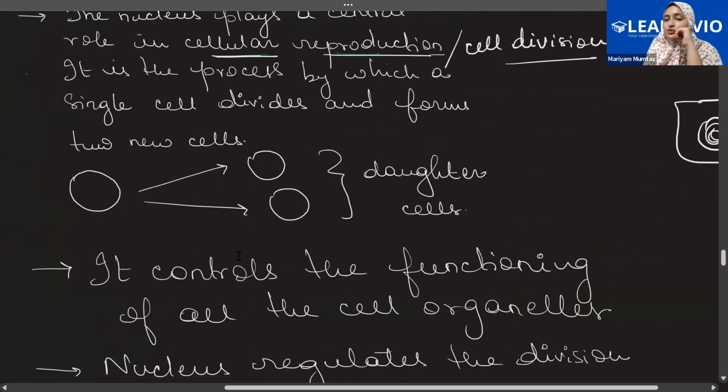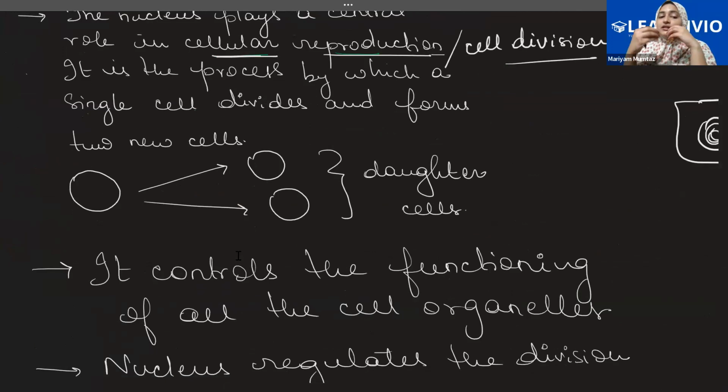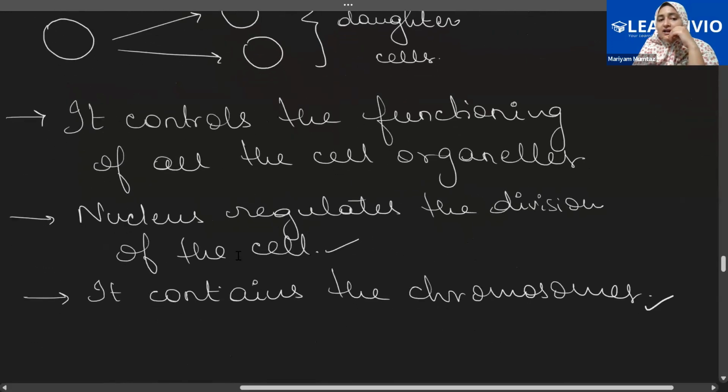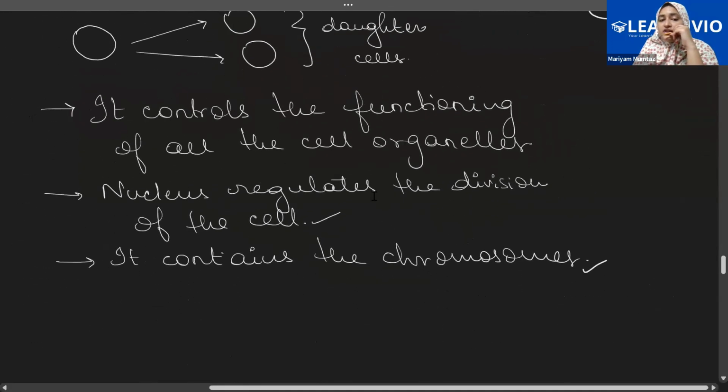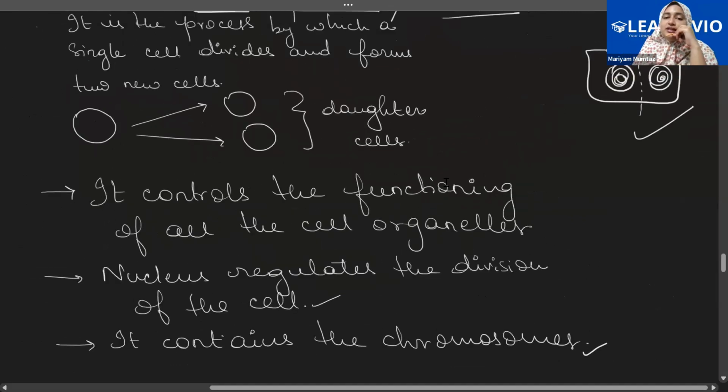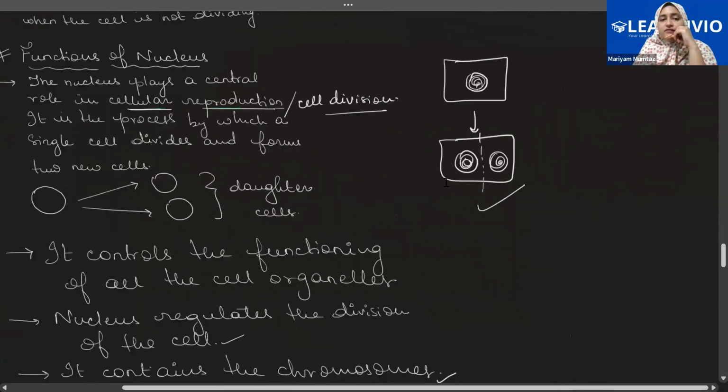It will give rise to two daughter cells, and the DNA or the chromosomes will be distributed between these two daughter cells. Apart from that, the nucleus controls the functioning of all the cell organelles. It regulates the division of the cell, and of course, it contains the chromosome. The chromosome, the DNA, is present inside the nucleus. So if the nucleus is not there, it will not be present. These are the functions of the nucleus.